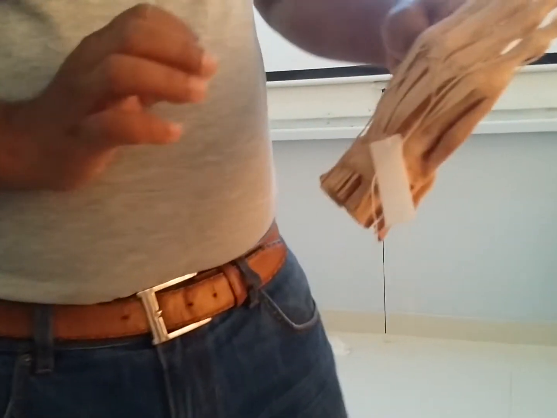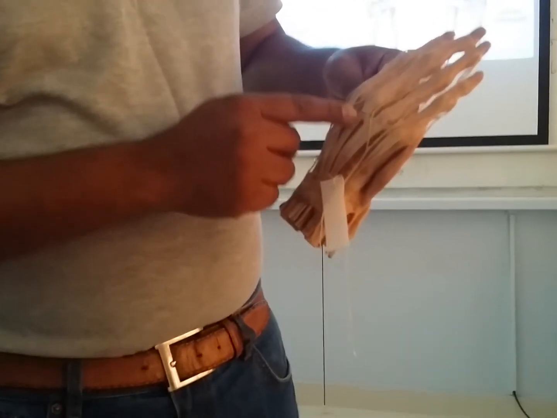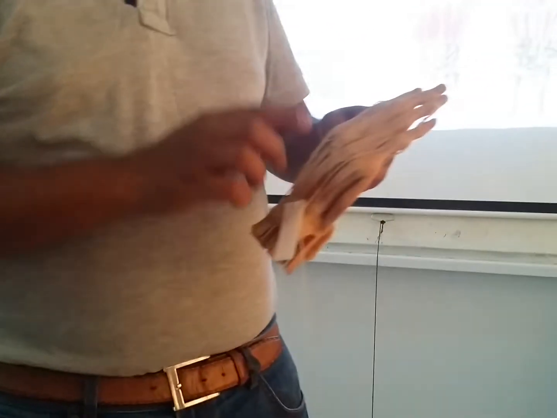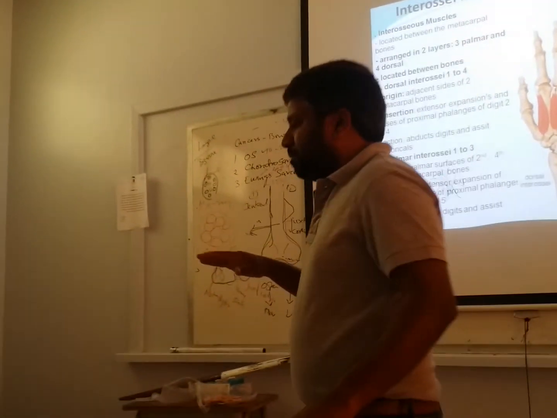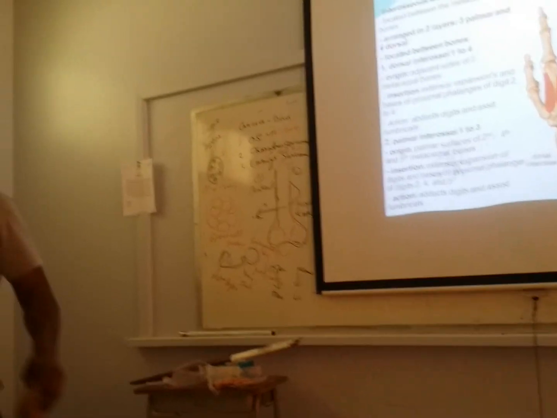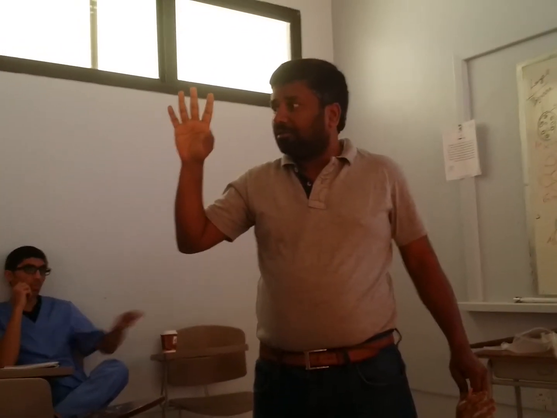Even, very interesting point here, all these tendons are interconnected. That's why you cannot do extension of one finger leaving behind the others, except those having separate extensors: extensor indicis, extensor pollicis and extensor digiti minimi. I will put my hand like this; can you do the extension of only one finger, the ring or the middle finger?